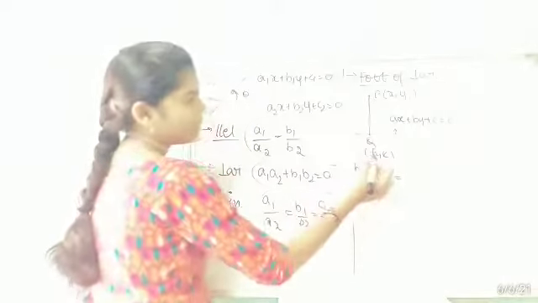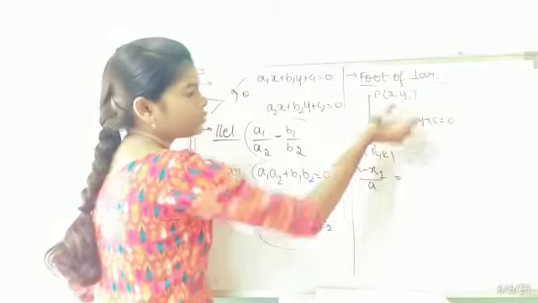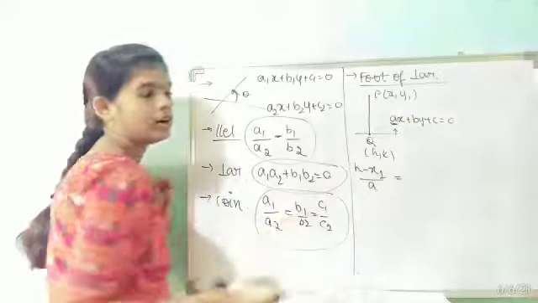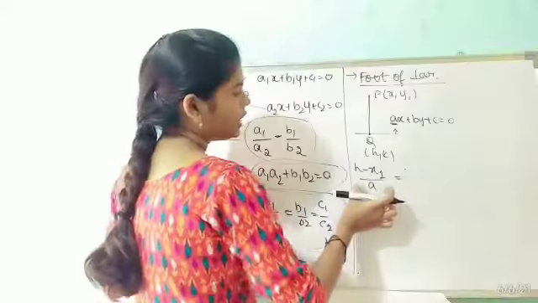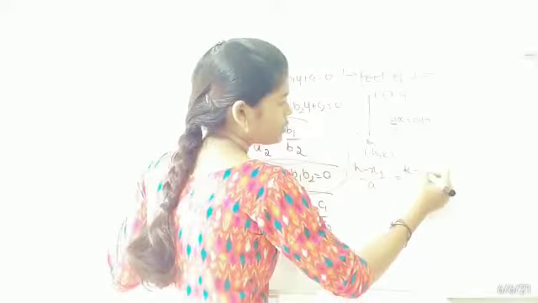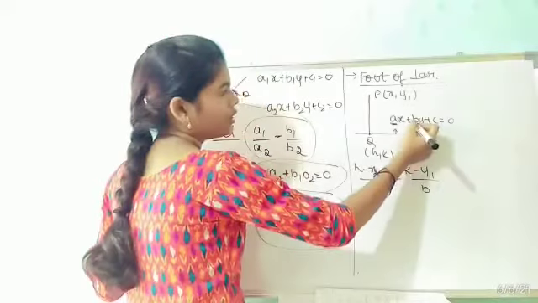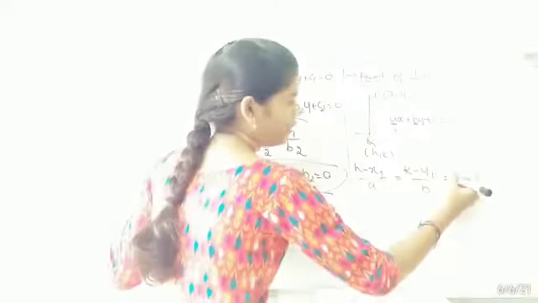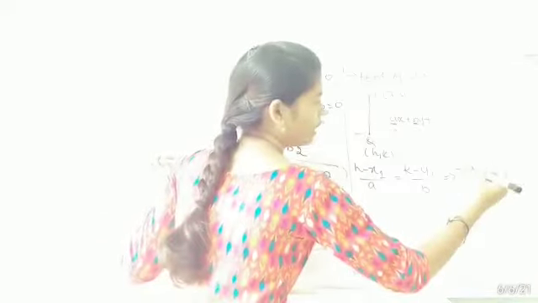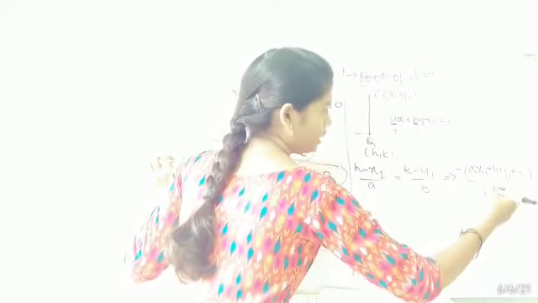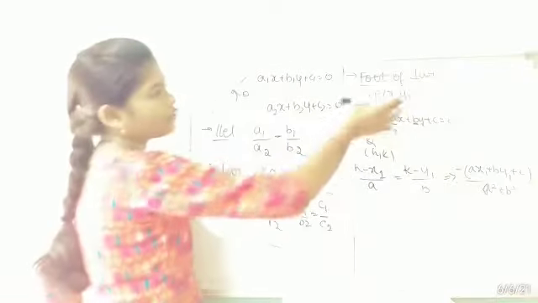Here h is the x coordinate of the foot, x1 is the x coordinate of P, and a is the coefficient of x. Similarly for y, it will be k minus y1 by b. That will be equal to minus of (ax1 plus by1 plus c) by (a square plus b square).